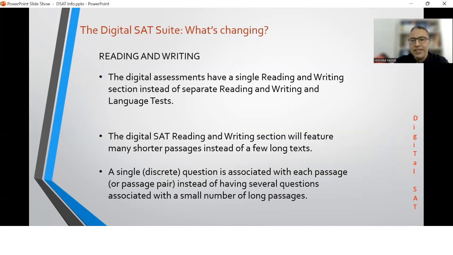Before, in paper and pencil, the students had a big paper with a lot of words in it, but now it's much shorter, so they can answer in a short time. Finally, you have a single question associated with each passage, instead of having several questions associated with it. As I told you before, I'm a math teacher, so regarding English, this is all I can write for you. But later, inshallah, bismillah, you can go through it.